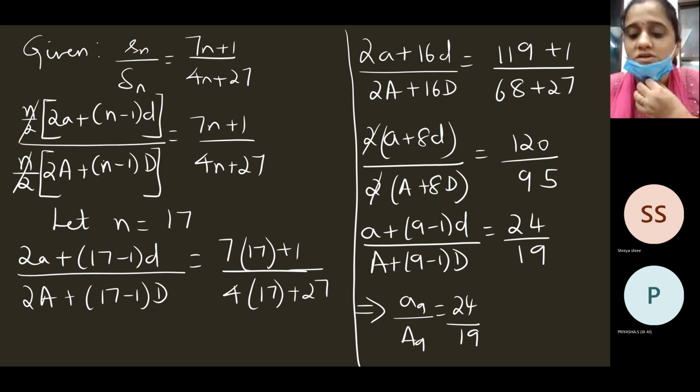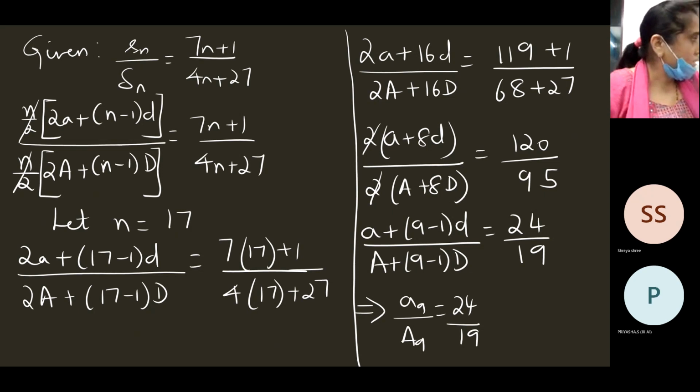Priyasha and Shreyashri, listen to this. What are we given? We are given the ratio of the sum to n terms of two APs. Sn by S'n is equal to (7n plus 1) by (4n plus 27). And what have we assumed?